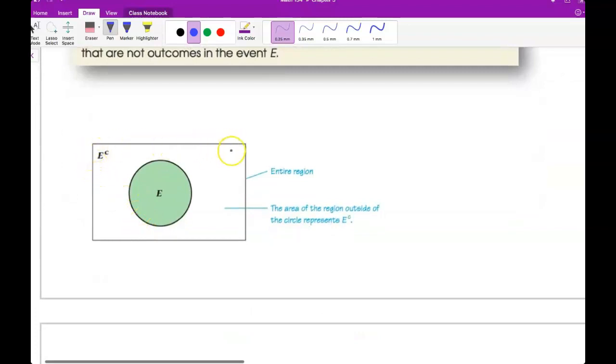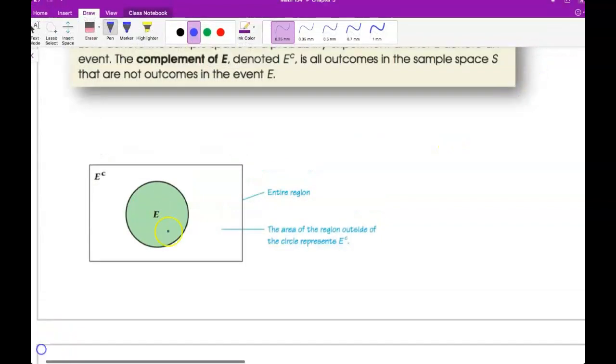Well, let's have an example. Here this rectangle is our sample space. Here is our event E. Let's say on this event E we have even numbers, and in this rectangle we have all numbers, all natural numbers, for example.